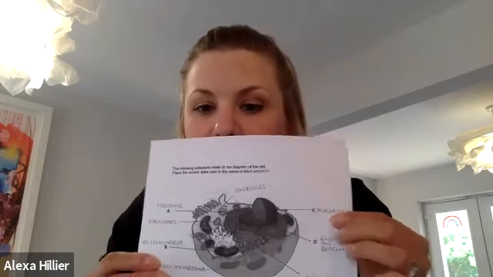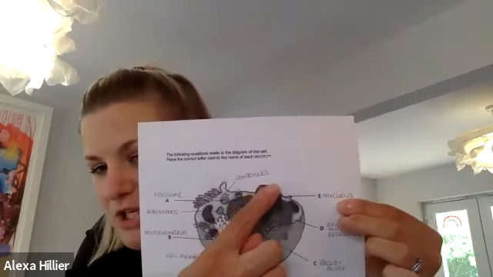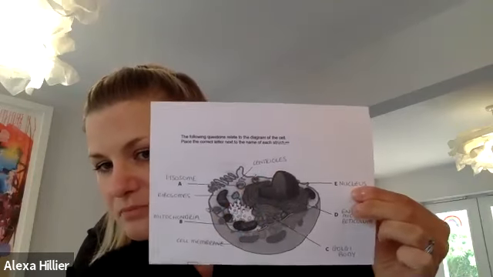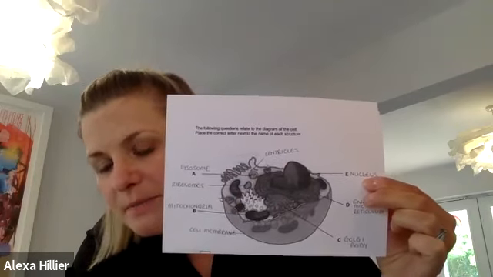So the first structure we're going to look at is label E, which is the large sort of circular organelle. This is called the nucleus. This is the brain of the cell. So our DNA is held within the nucleus.